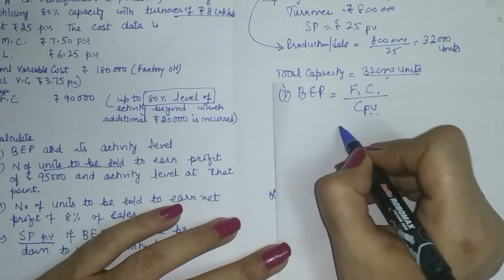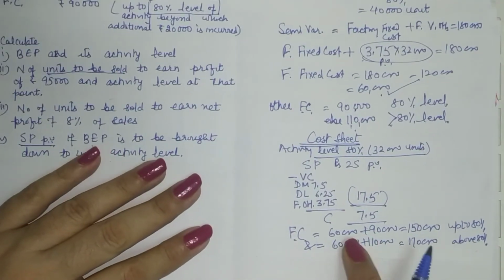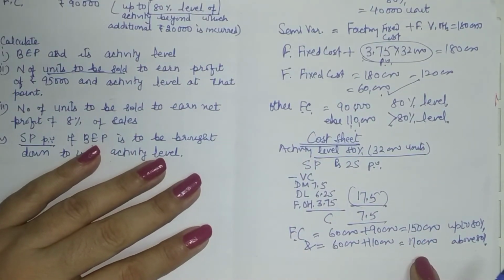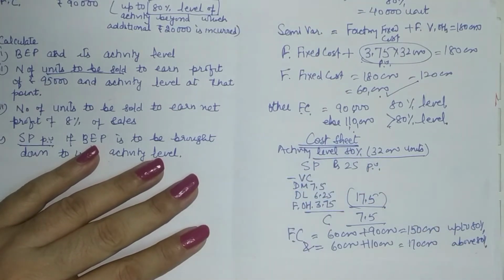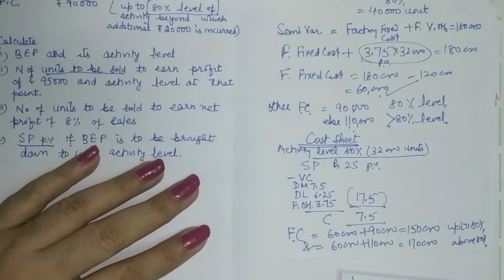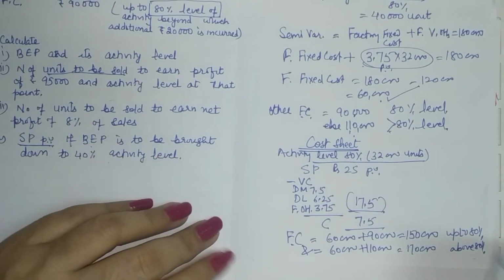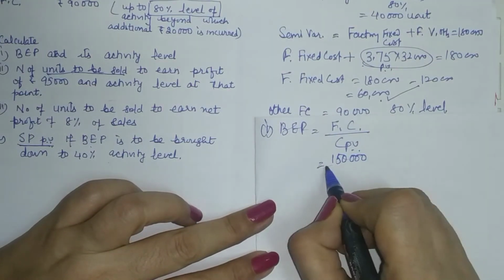So which fixed cost should we take? Because we have two fixed costs. One is 1,50,000, another is 1,70,000. So we'll have to work one by one. Let us first take 1,50,000, because usually break-even point is reached at nearly 50% level. So we'll take up 1,50,000 as fixed cost.